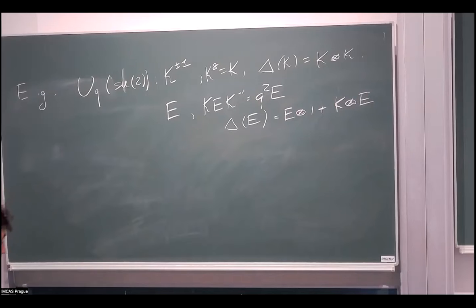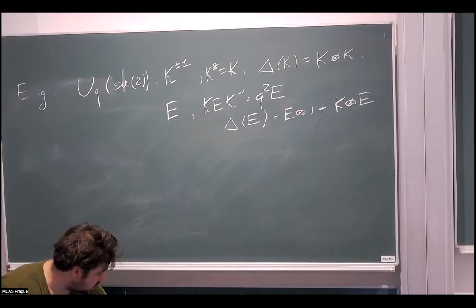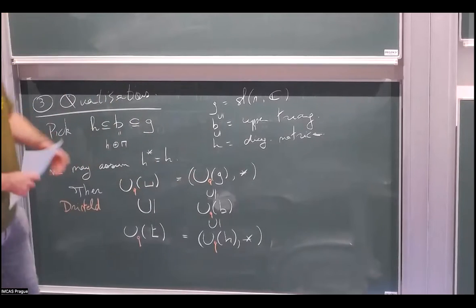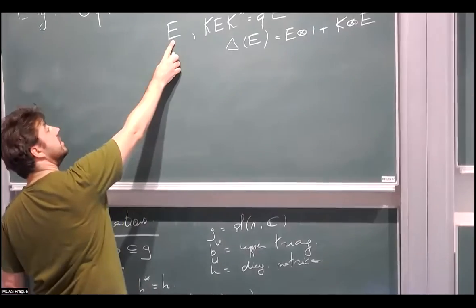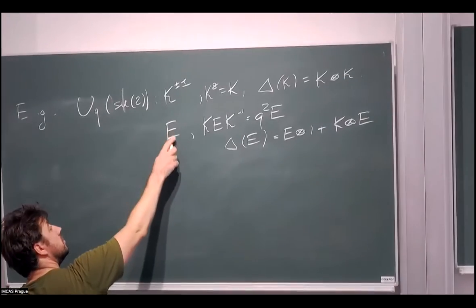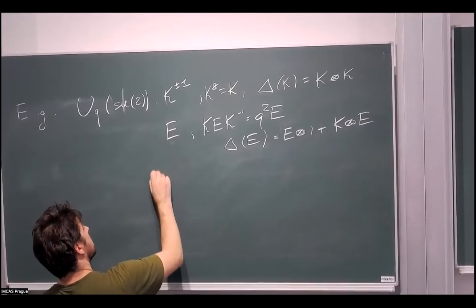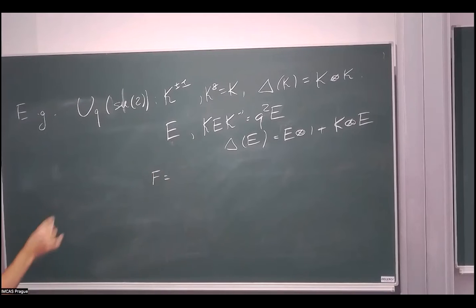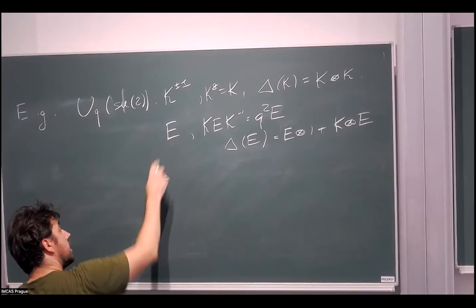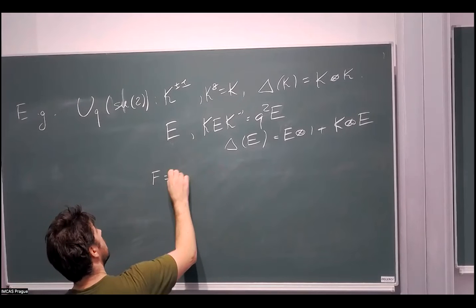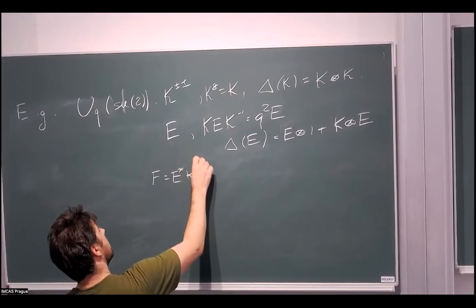And finally, I need to complete UQG, and I need to have a star structure. So I can basically just add a new generator, which should be the star of E. But because of familiarity of symbols in the Lie algebra context, I will actually not use E star, but F, which is equal to E star K inverse.